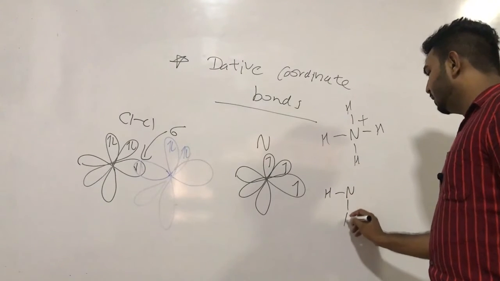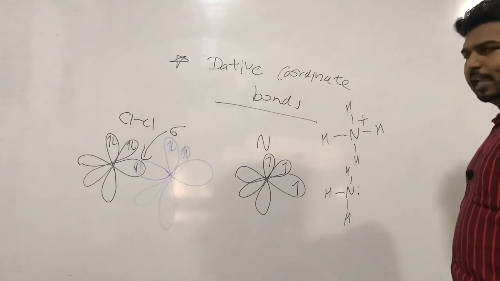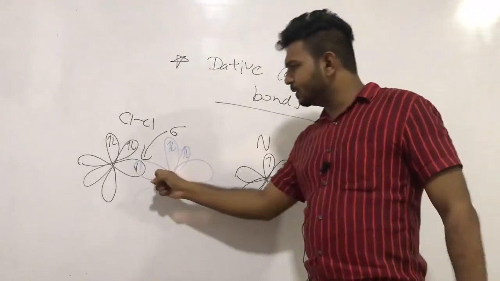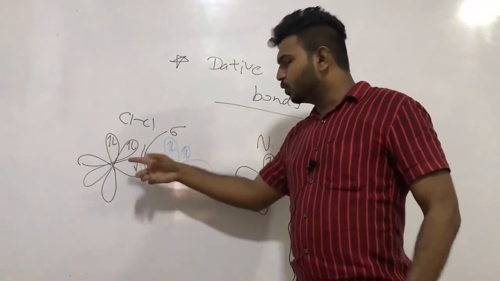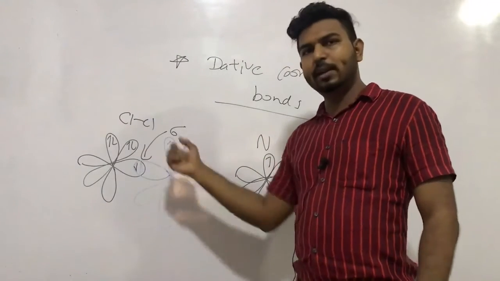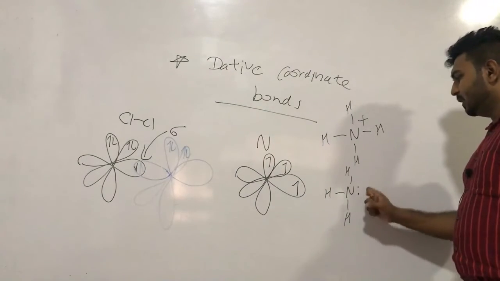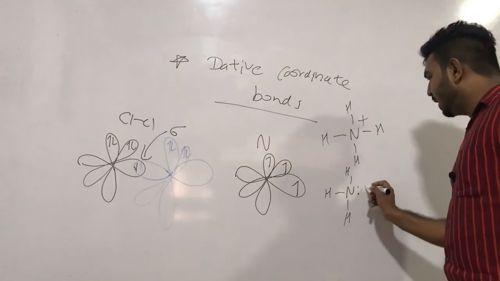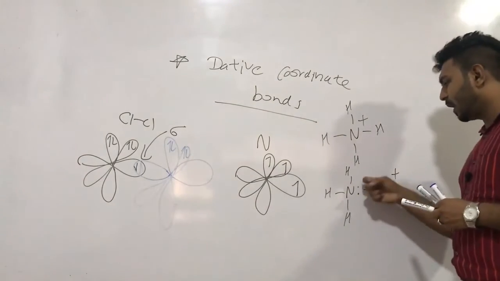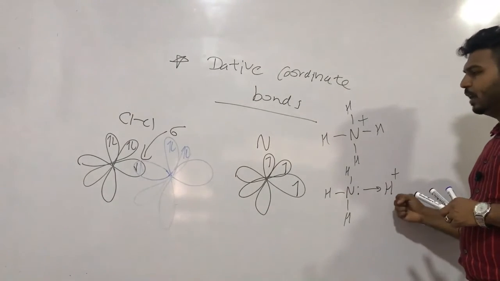If we consider this ammonia molecule, what has happened? These 2 electrons are common for both orbitals. But when we consider this one, these 2 electrons are donated to H plus.